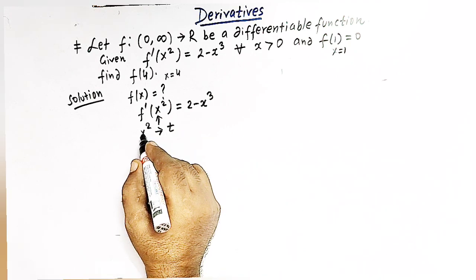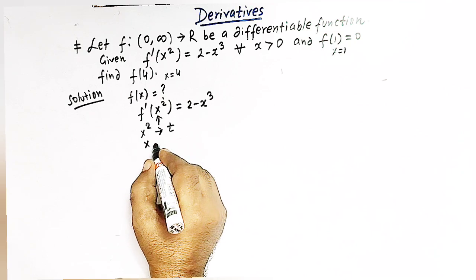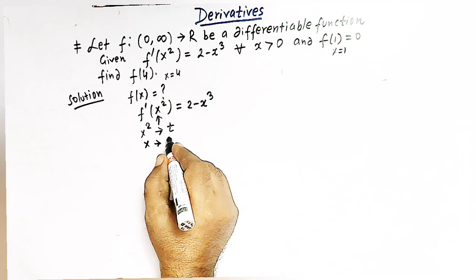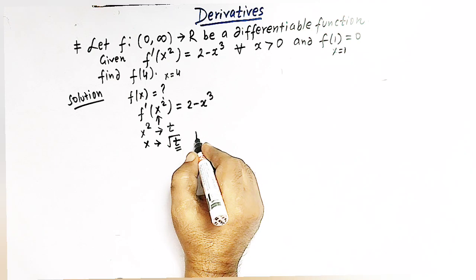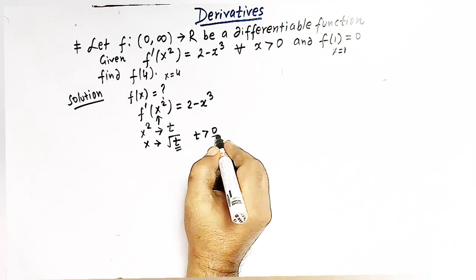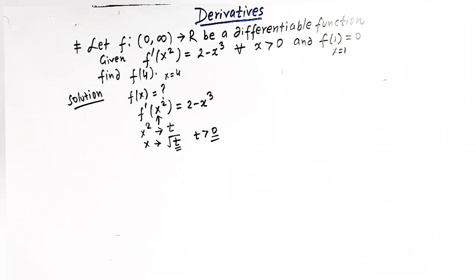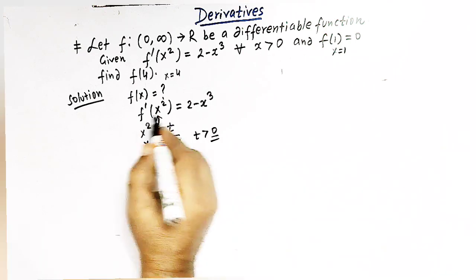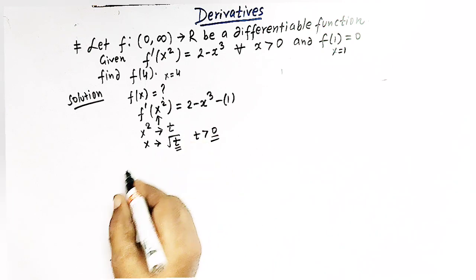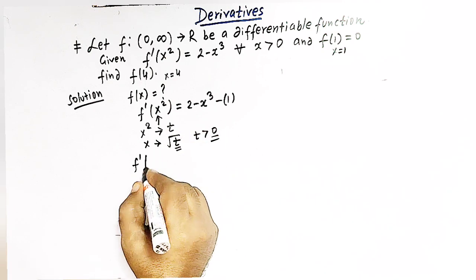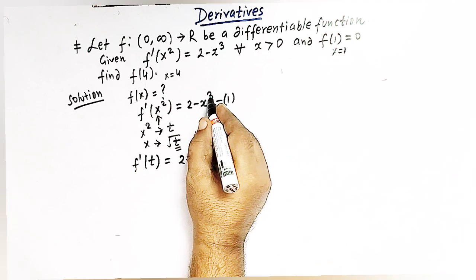Or in other words, x can be replaced by square root of t, and here t is greater than 0, because we are given x greater than 0, right? So this equation now takes the form in terms of t, so we can now write f prime of t, and here we have 2 minus x cube.